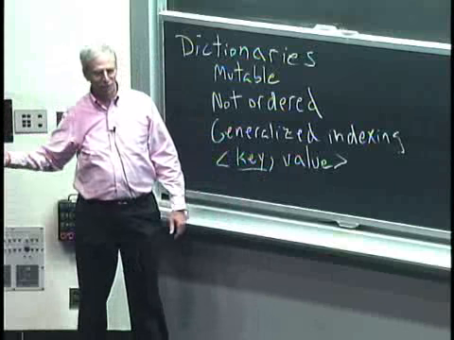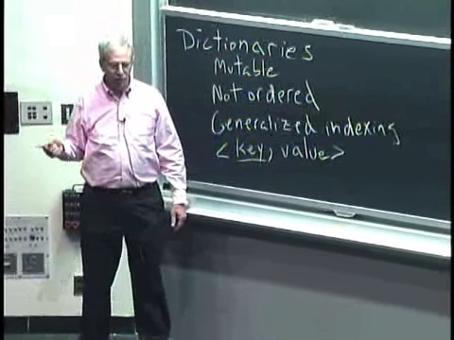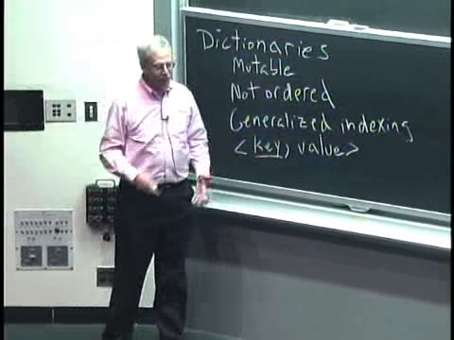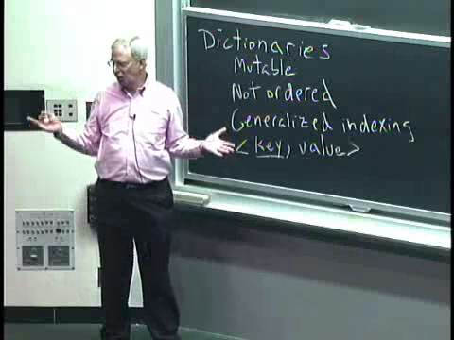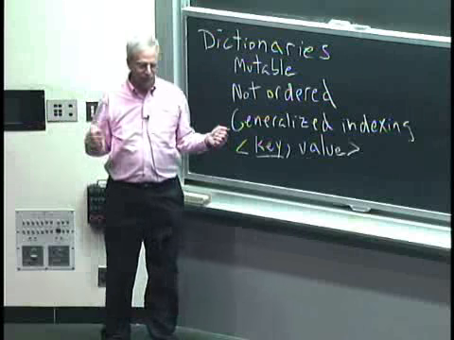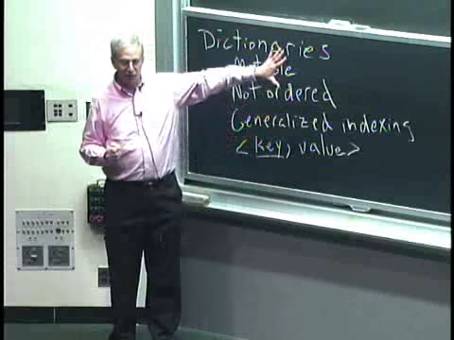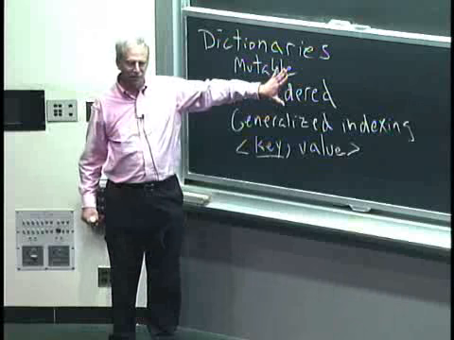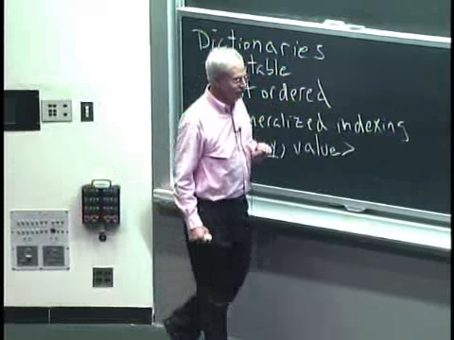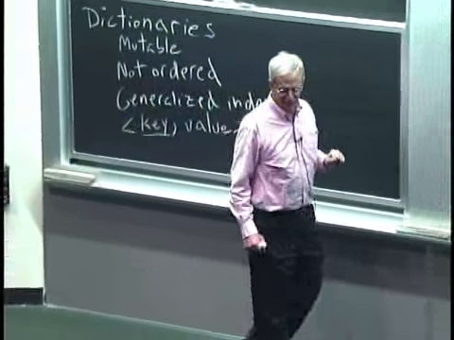Otherwise, I look at the next element in the list. So adding dictionaries, as Professor Grimson said with so many other things, doesn't give you any more computational power. It gives you a lot of expressive convenience. You can write the programs much more cleanly. But most importantly, it's fast.